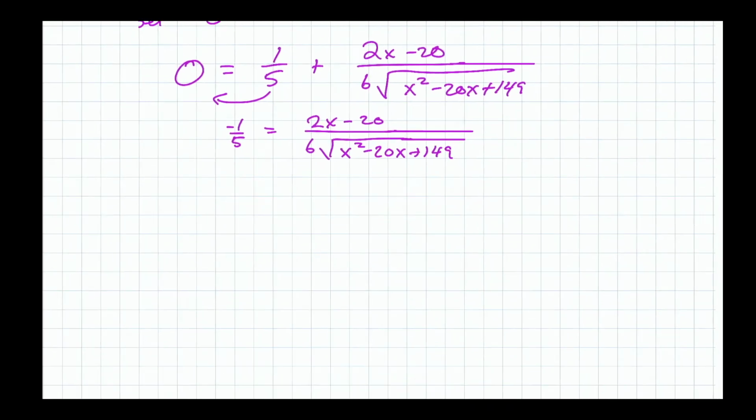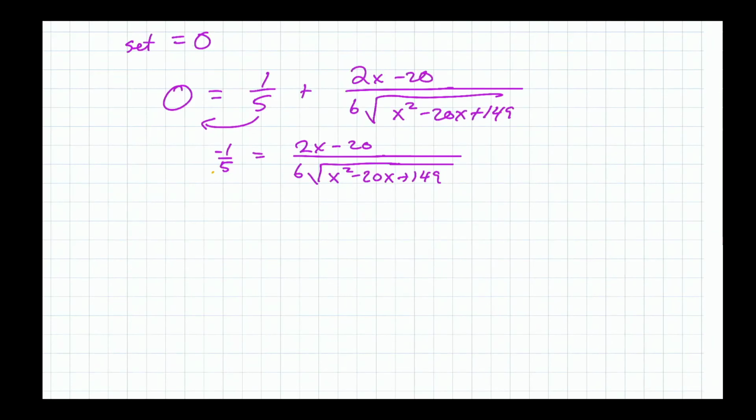So what I mean by that is you multiply the 5 by the 2x minus 20, and you get 5 times (2x minus 20). And then you multiply these together. Ooh, that's hard to read.